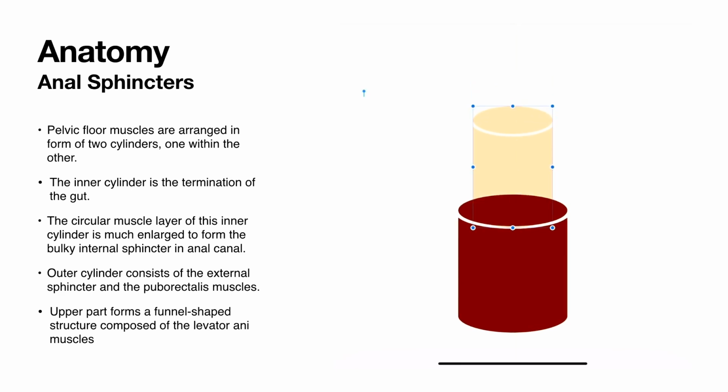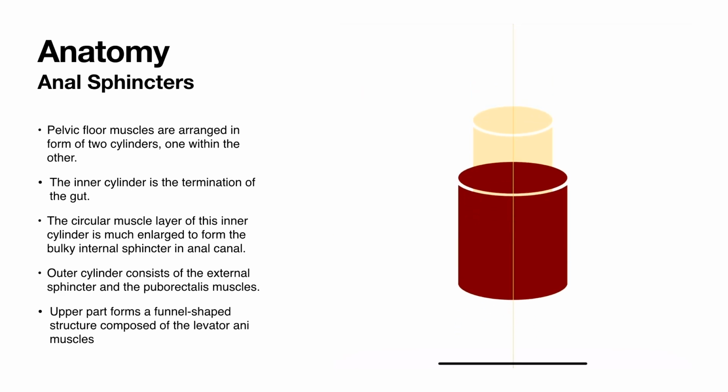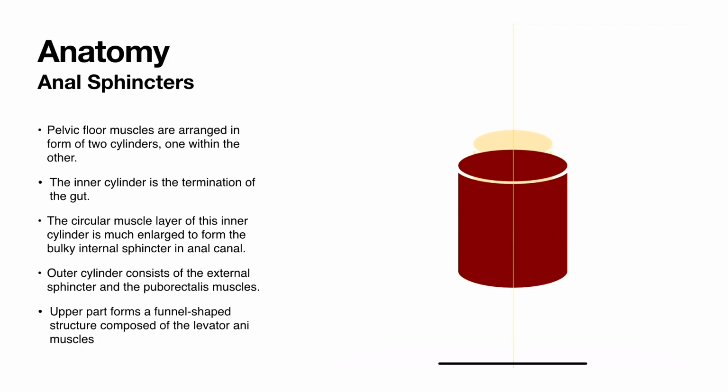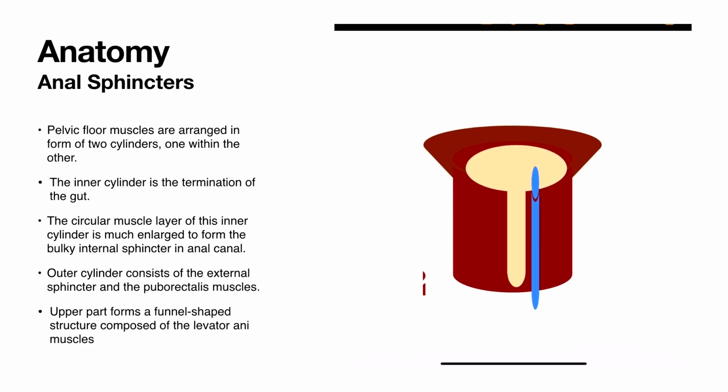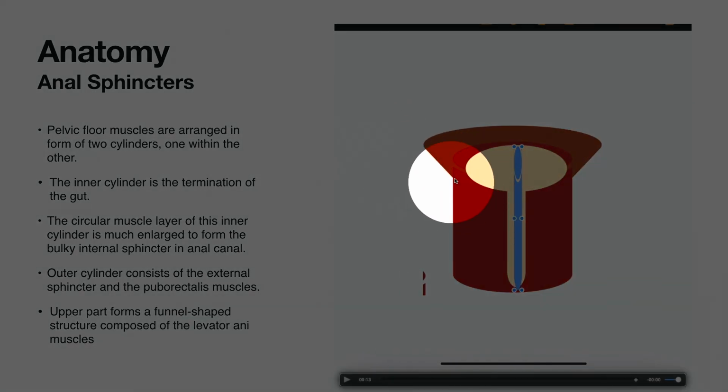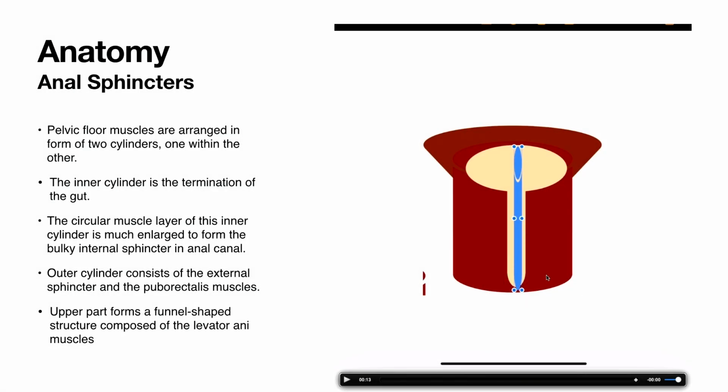The inner cylinder is the termination of the gut, and the circular muscles make the internal sphincter. The outer cylinder consists of the external sphincter and the puborectalis, and the upper part forms this funnel, the levator ani. The parent tube gets twisted, and anteriorly this blue color tube is basically the genitourinary system which develops from the parent tube.